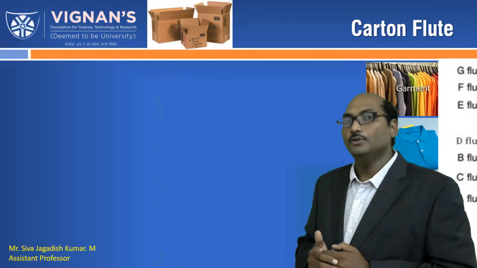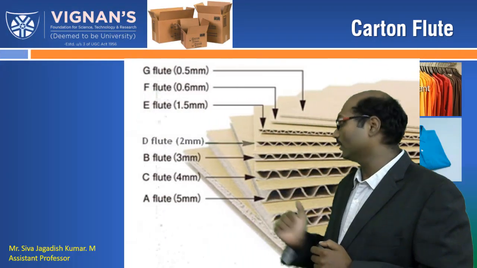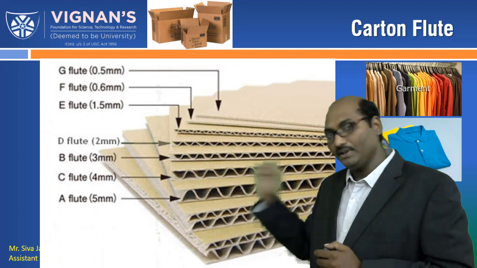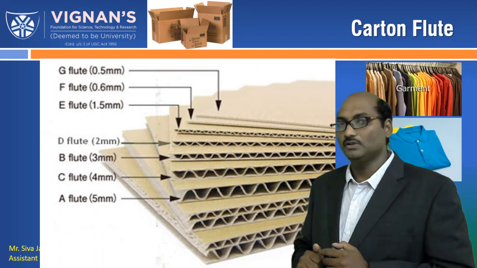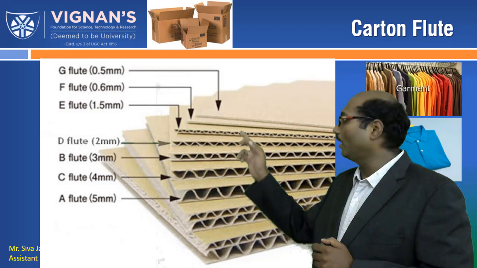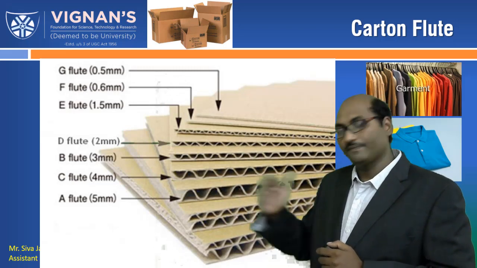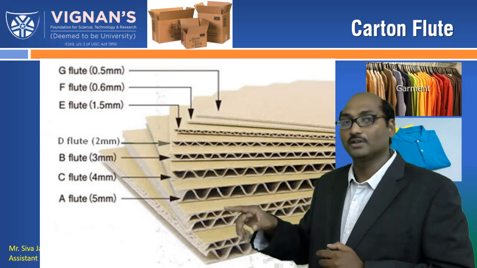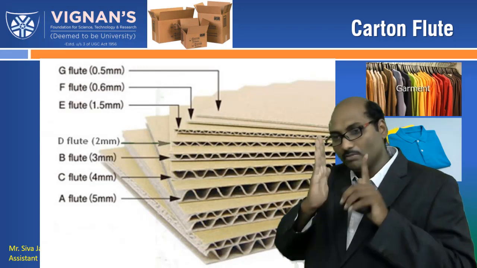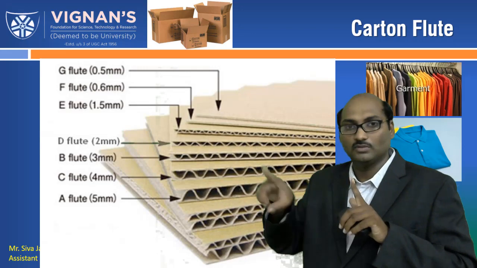The flute is nothing but, if you see the 0.5 mm flute and 5 mm flute, what is the difference? The surface is the same, but in between the corrugation is there, right? The pitch between the sine wave, isn't it?